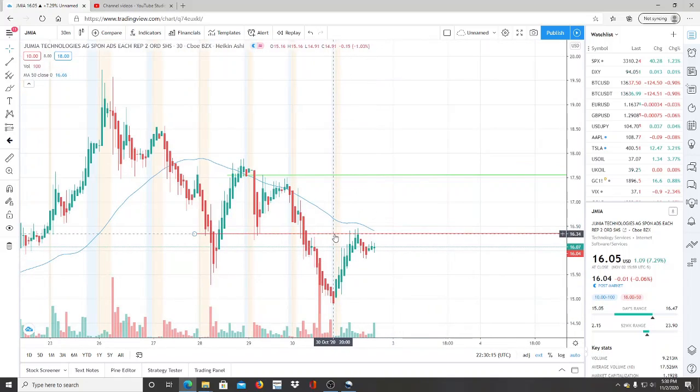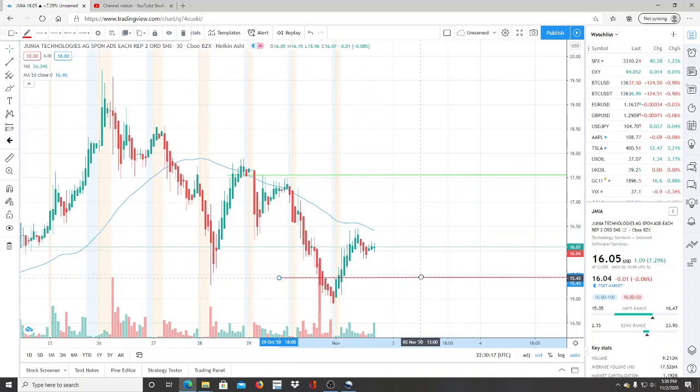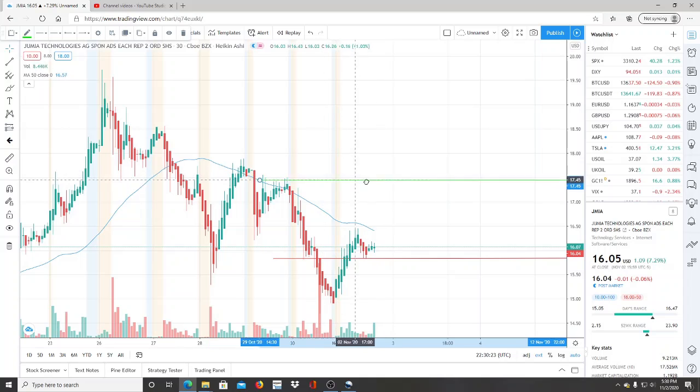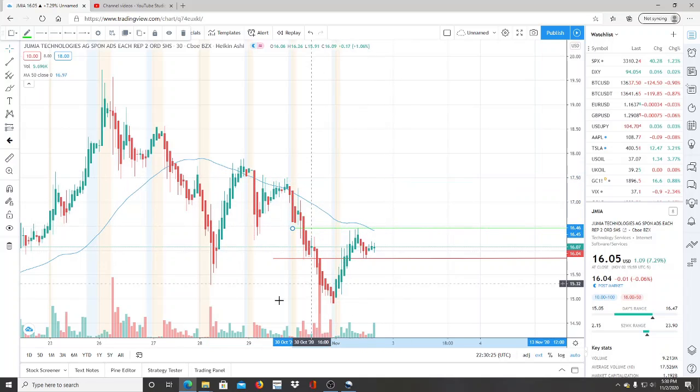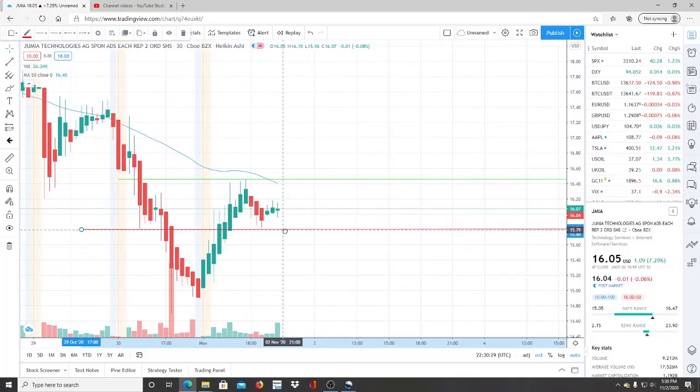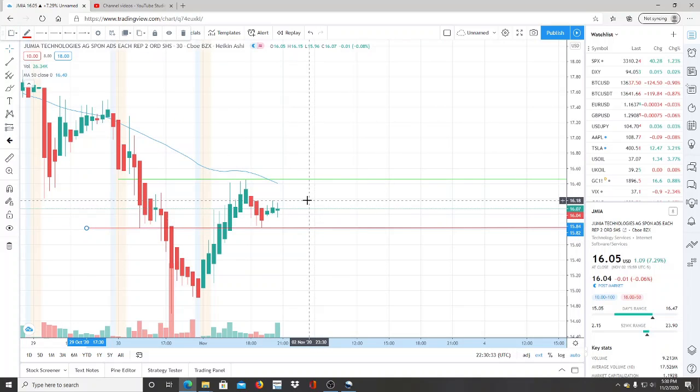So let's go ahead and move our support to its new location based off of the last couple of hours of the day. And then we're going to move our resistance to its new location as well. And I want us to look closely at our support and resistance and where the 50-day moving average lies. So it's right here at 1640, slightly below the resistance level.